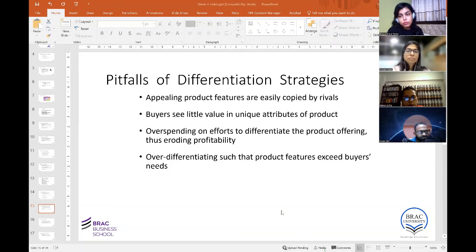All I need is the basic. So you're over differentiating, and lost in that is your actual product. You should not over differentiate so that buyers do not see much value. So these are some pitfalls or disadvantages of differentiation strategy.